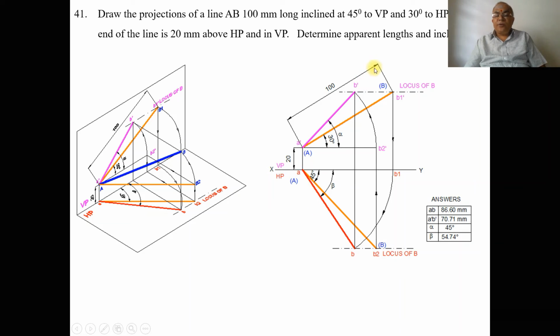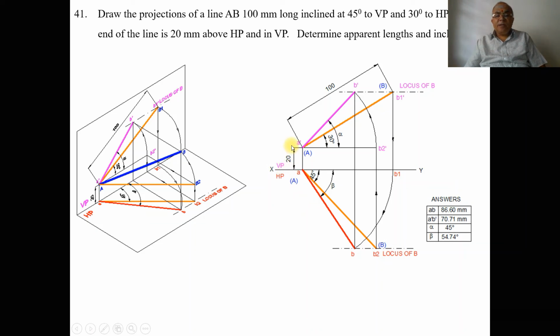Similarly, you take the front view now. To find out the front view, take the top view true length. So the top view true length is A B2. A dash is above HP by 20 mm, and then you have drawn this horizontal line. Since it is the true length in HP, obviously that line should be parallel to XY line in the front view.